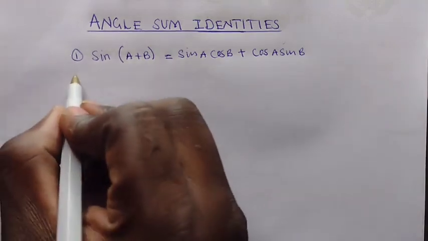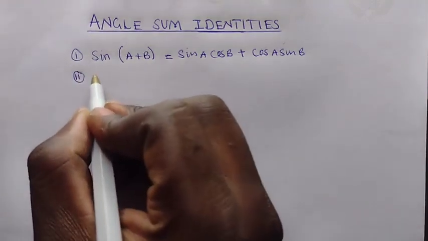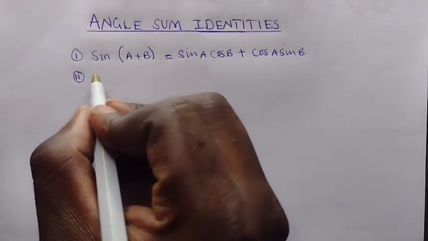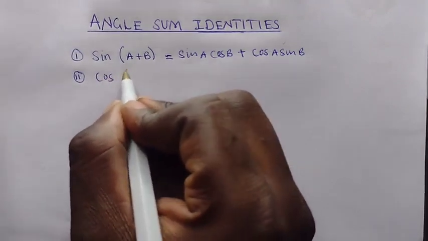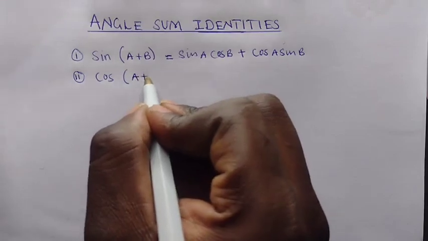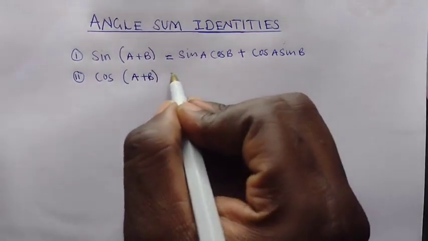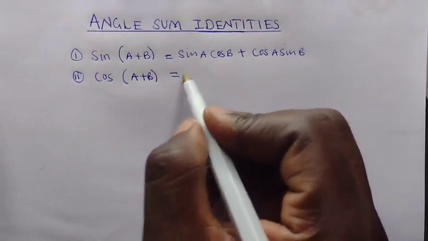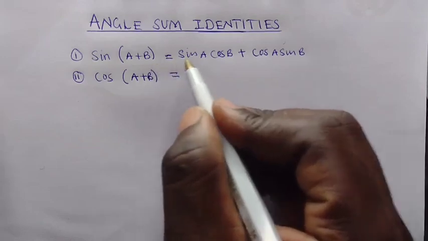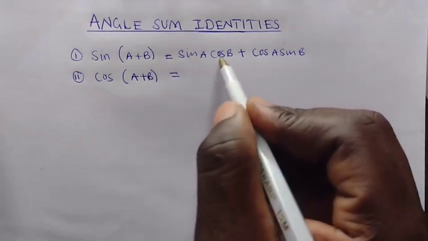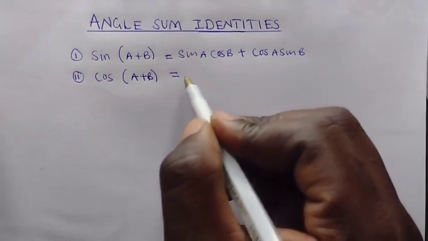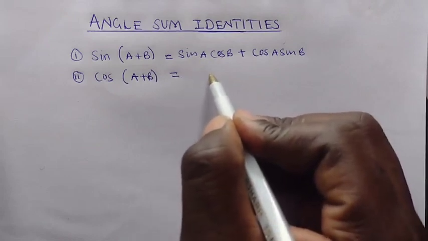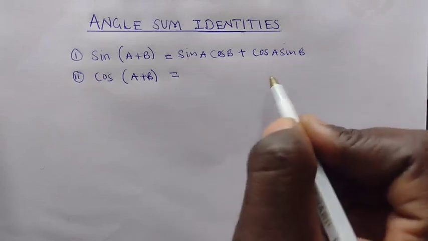Now let us look at the second one. For the second one, we are going to look at cos. If we have cos A plus B, the way it is different from sine is that for sine we get both sine and cos, but for cos, you start with cos and you end with sine.